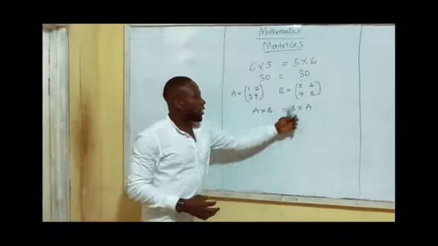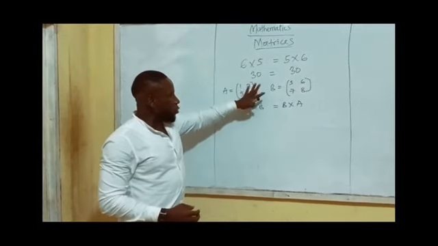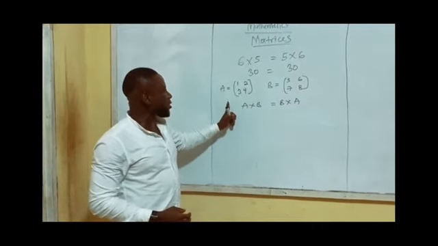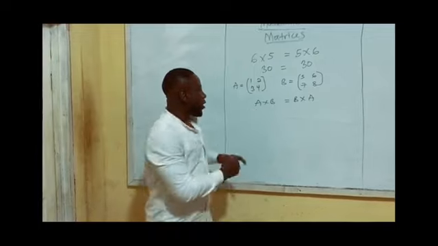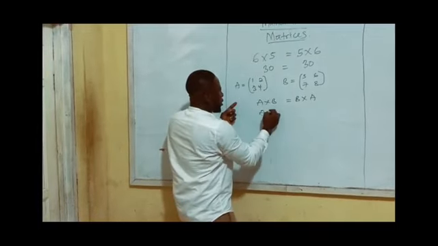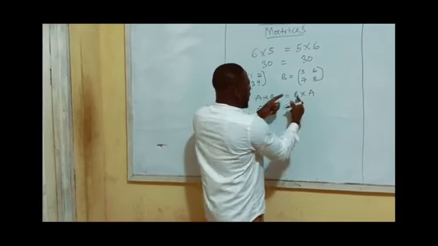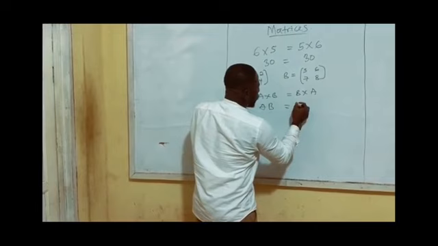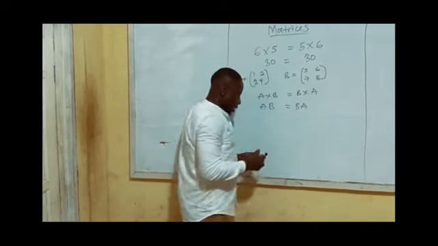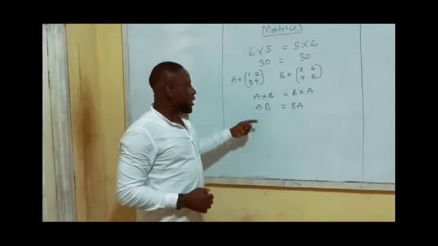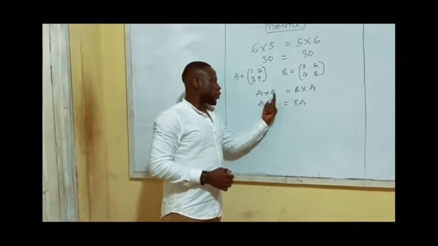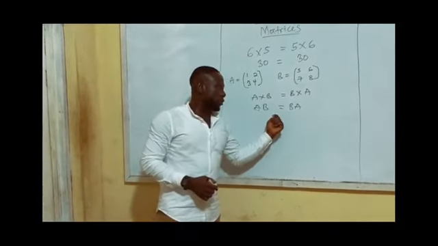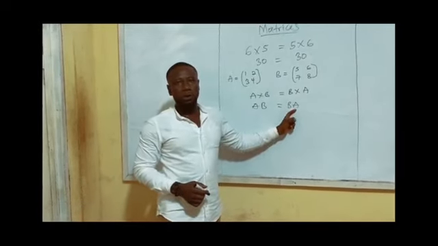Taking matrices, if I have matrix A multiplied by matrix B, I have AB, and when I interchange the positions, I have BA. We are here to point out that the result of AB will not be equal to the result of BA.